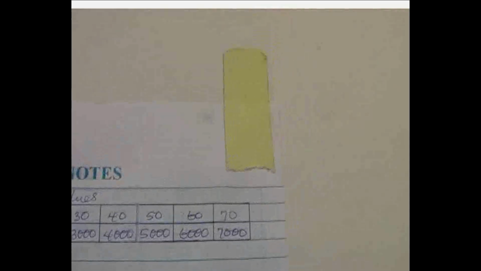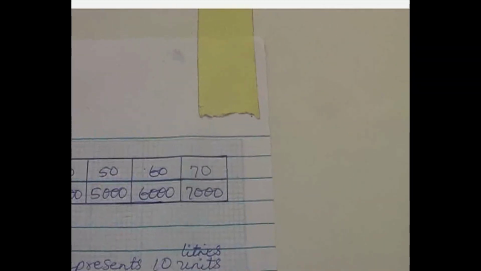This will be 30, 40, 50, 60, 70. You can see that the last liters of fuel we have in our table of value is 70.